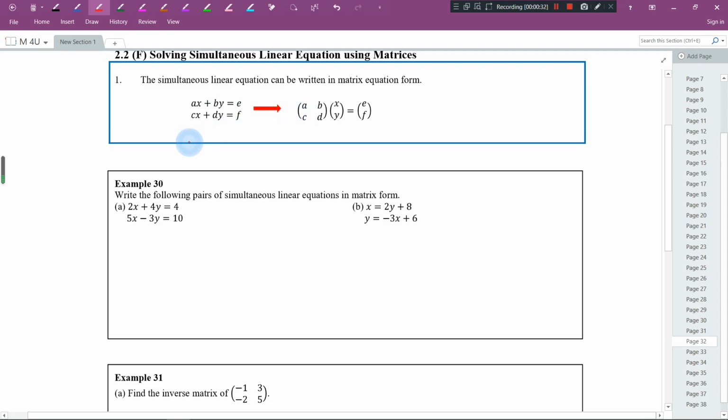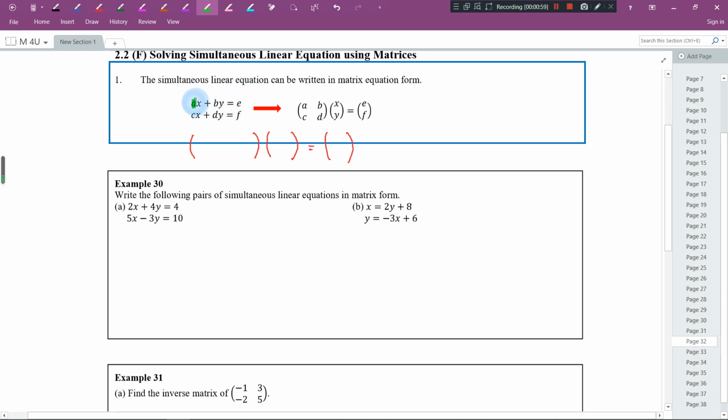It's actually pretty easy. You write a big parenthesis and two smaller parentheses. The next step, you just look at their coefficients. But before you write them into matrix form, make sure you arrange the equations nicely: x, y, and the constant on the other side.